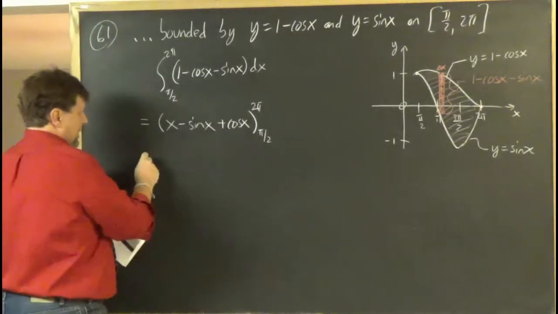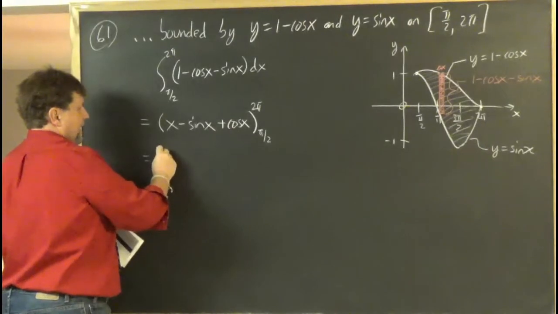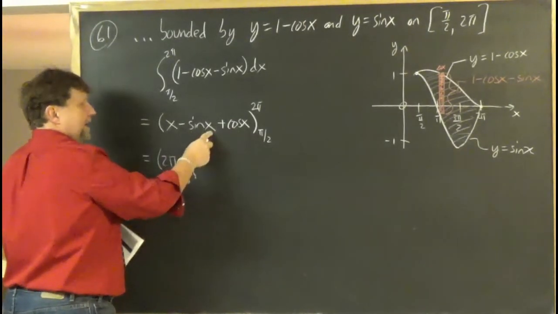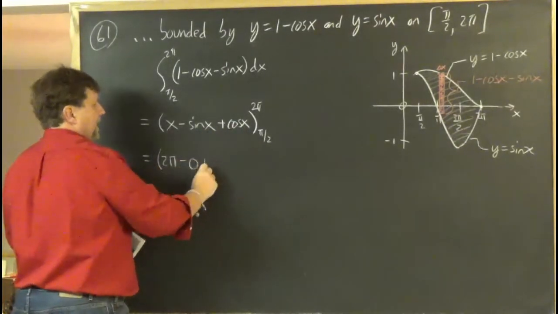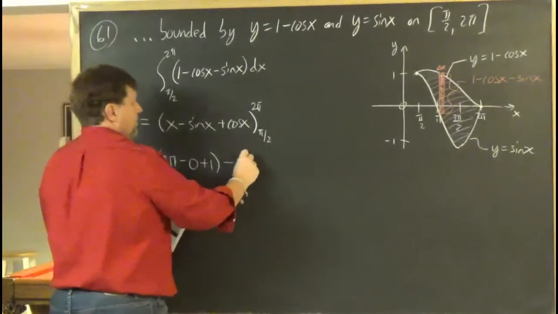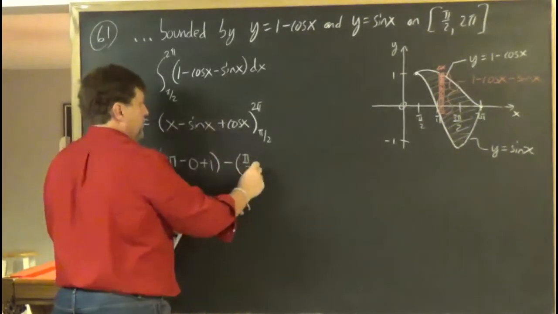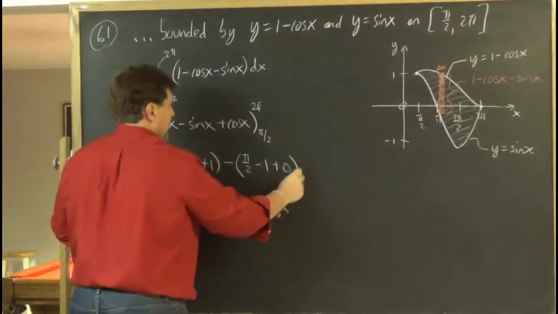And, well, let's see, I might as well just do this. 2 pi comes in for the x, so we get 2 pi, sine of 2 pi, ooh, that's 0. Cosine of 2 pi is 1. Pi over 2. See, sine of pi over 2 is 1. That's kind of nice. And cosine of pi over 2 is 0.